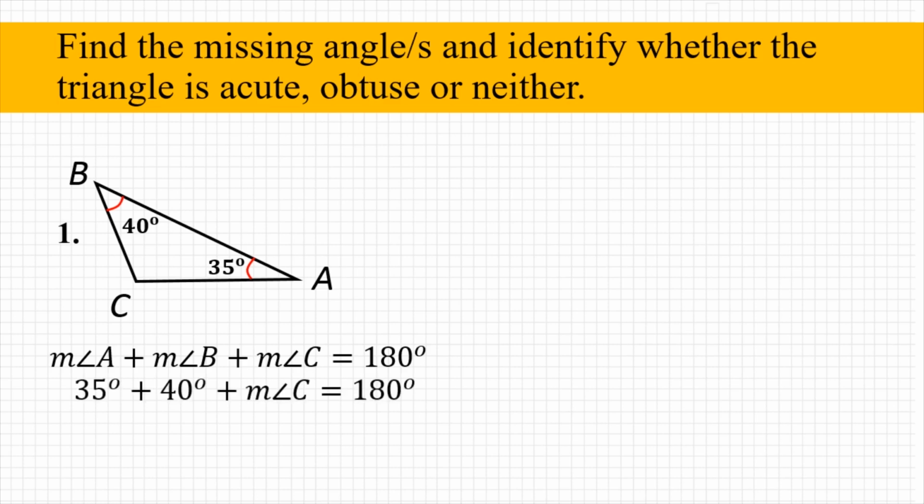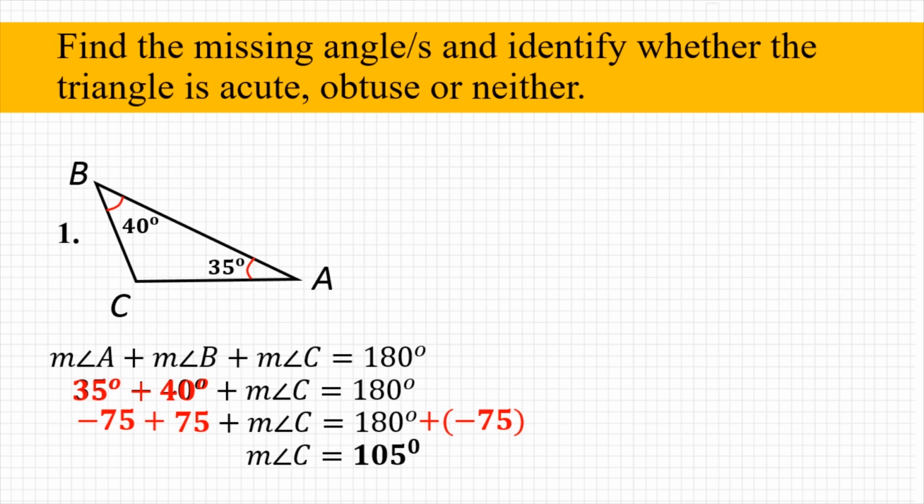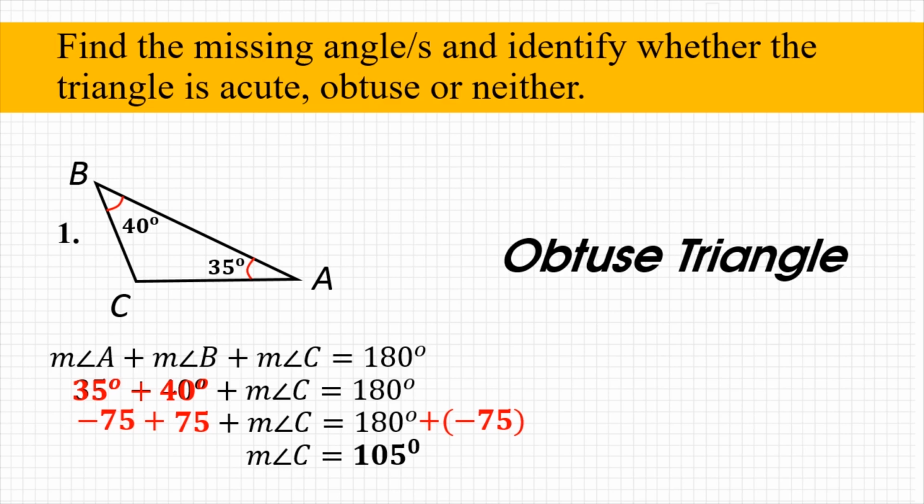So 35 plus 40 plus the measure of angle C, the missing angle, is equal to 180 degrees. The sum of 35 and 40 is 75, plus angle C is equal to 180. Adding negative 75 to both sides, the measure of angle C is equal to 105. So this triangle is an obtuse triangle.